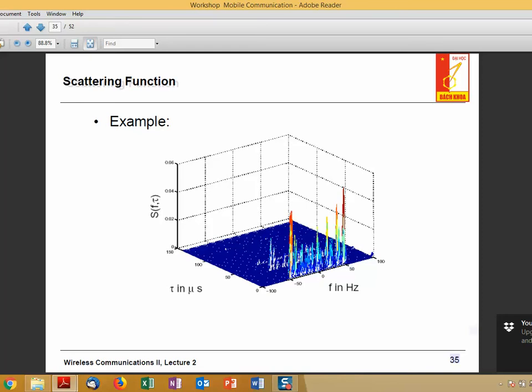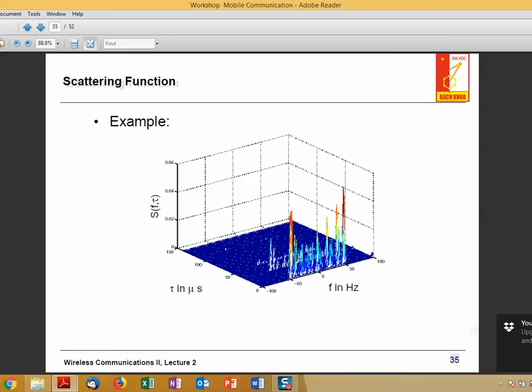And FD max is a Doppler frequency. And the measurement results.